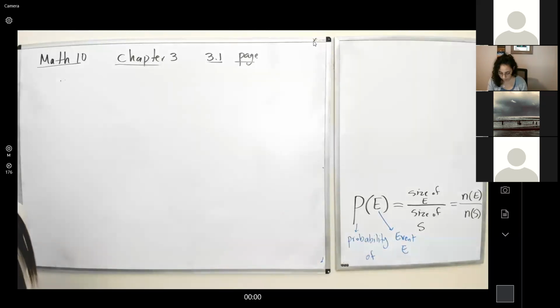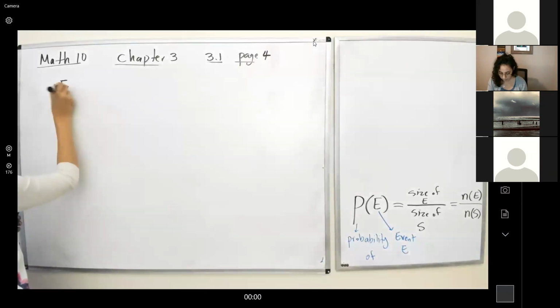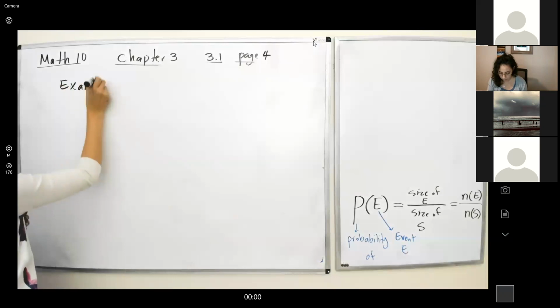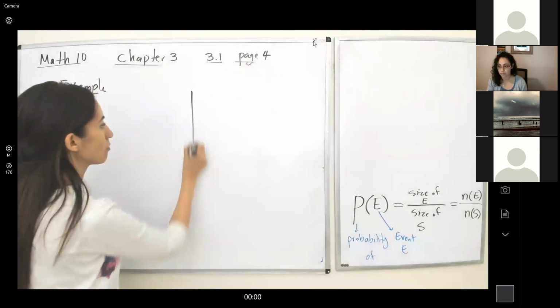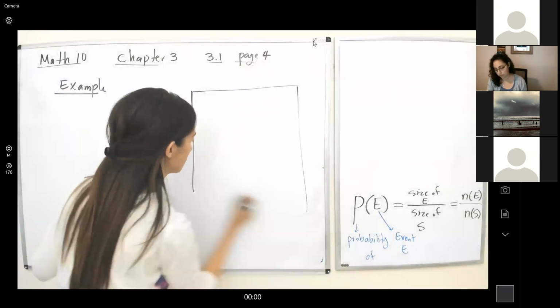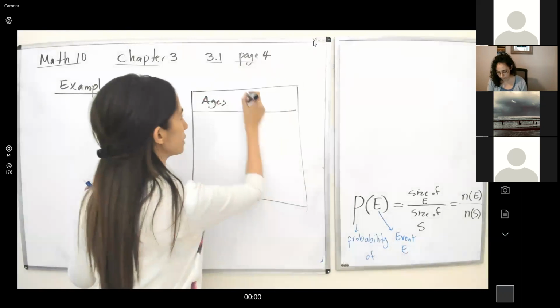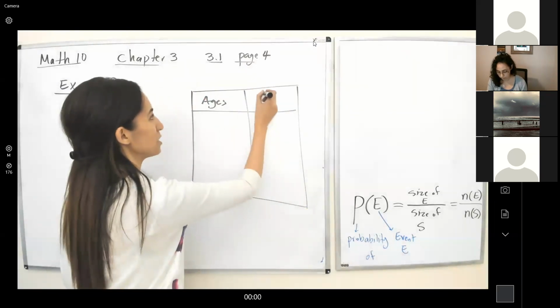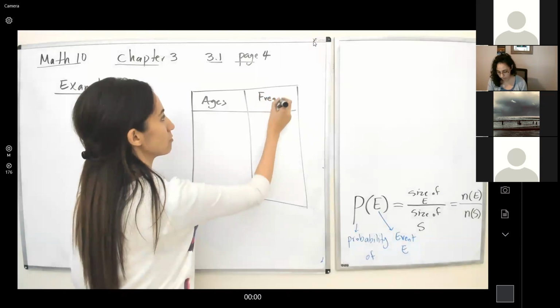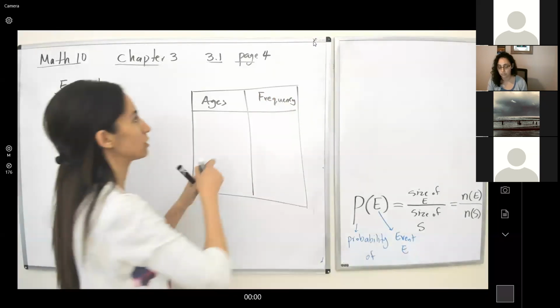You have the following table. You have some categories, you have some events, ages, and the frequency, or the size of each category.